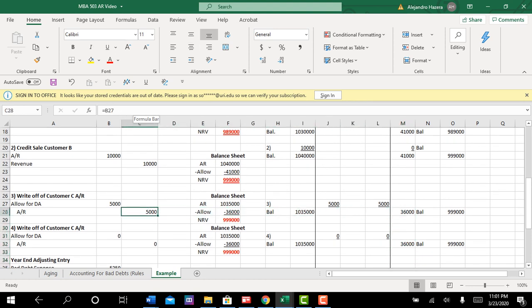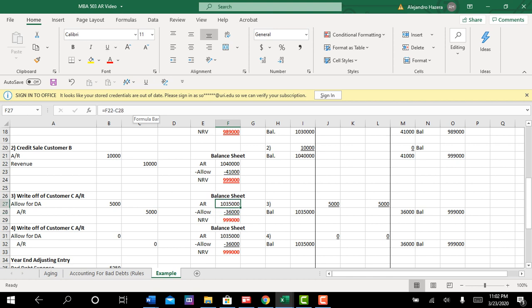Before this account was written off, you had said we believe that $41,000 of accounts will not be collected. This is now being realized. Your worst nightmare is being realized: this person is not going to pay. So your allowance goes down by $5,000 to $36,000.